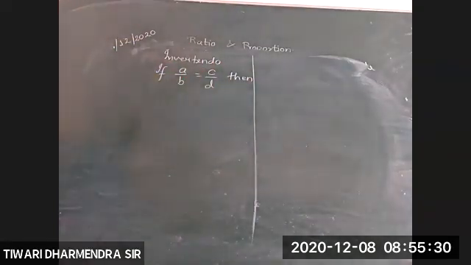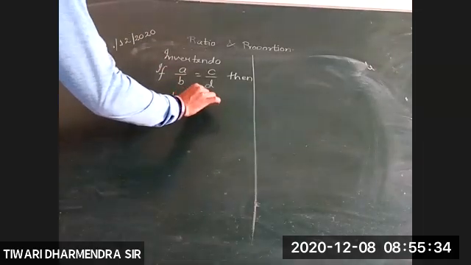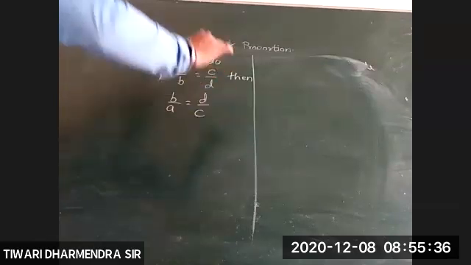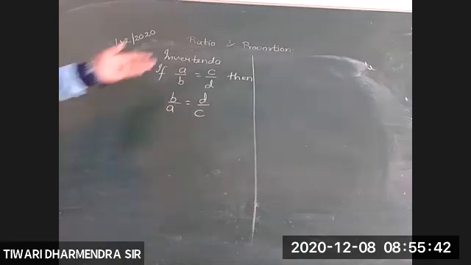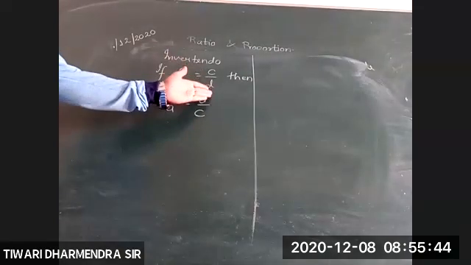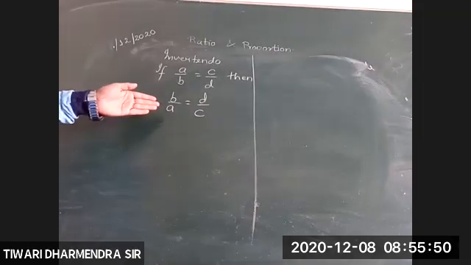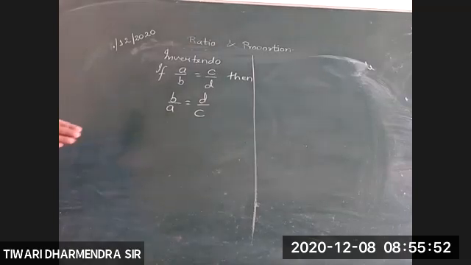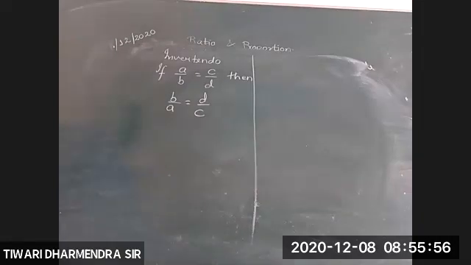If we reverse these ratios, that is B by A is equal to D by C, then it will not affect their equality. A by B is equal to C by D. Then if we reverse these ratios, even then it will remain the same. That is B by A is equal to D by C.